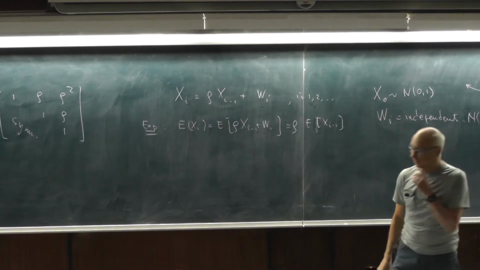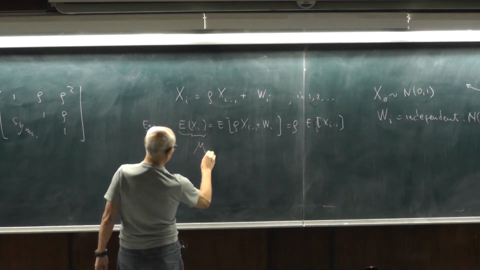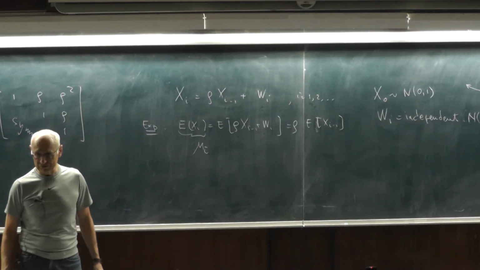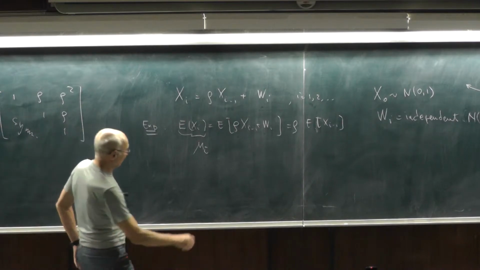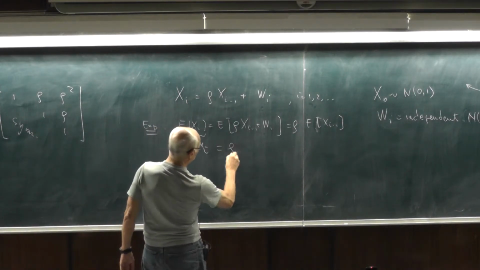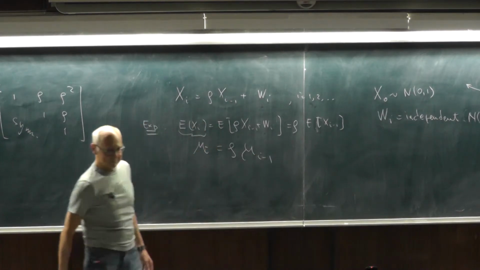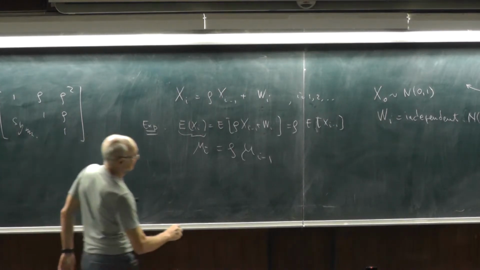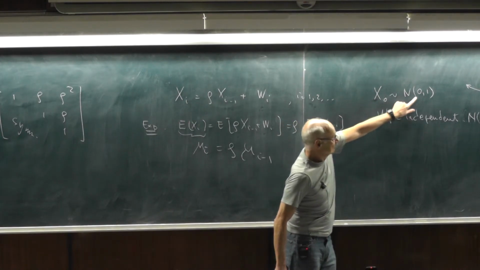Okay? So let's make some notations here. I call it the mean of time i. It can be temperature here, time a day i. It's equal to rho mu i minus 1. This is a recurrence formula. And we know that what's mu 0? 0.